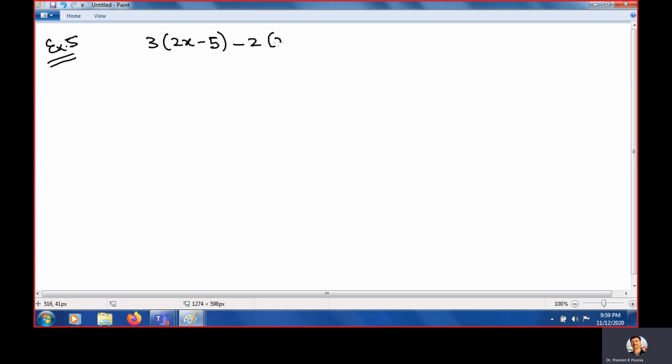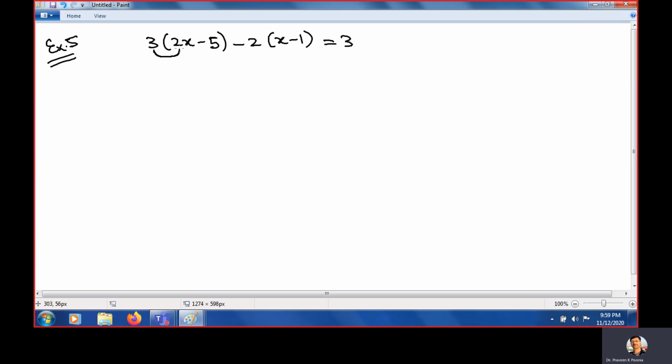3 into 2x minus 5 minus 2 into x minus 1 equals 3. So what I told you initially, you need to simplify first. Simplify so that one side has terms of x and the other side has constants only. So we will multiply by 3.